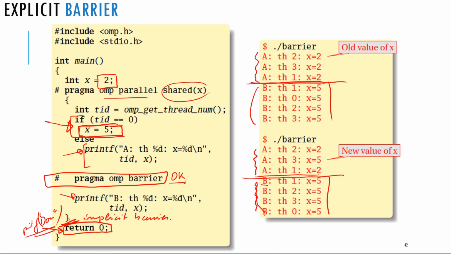But because thread ID 0 may change x to 5 at any moment, maybe some of the threads would see this value equal to 5 even though they are still executing the A instruction. So this is another piece of information that I want you to know about the behavior of barriers.